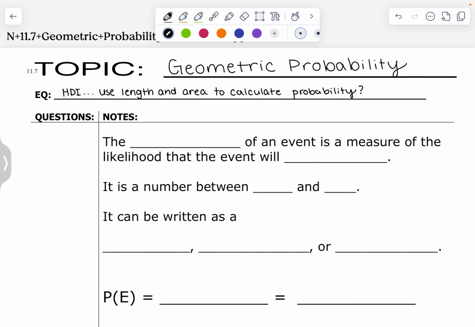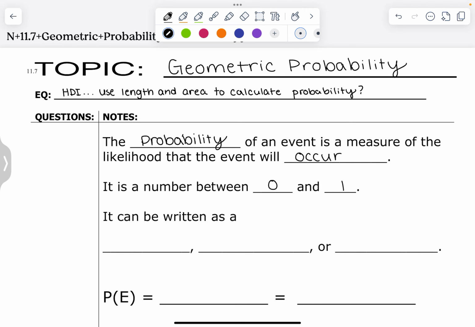So before we get into this, we are going to review what is probability. The probability of an event is a measure of the likelihood that an event will occur. It is a number between 0 and 1.